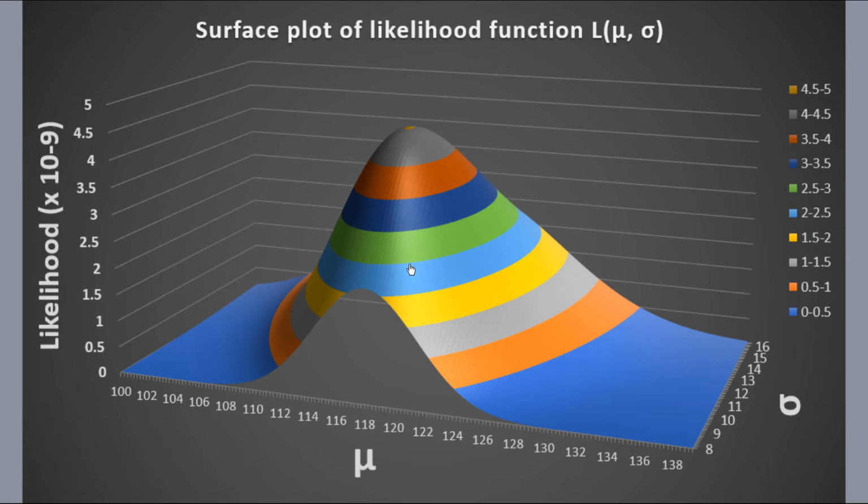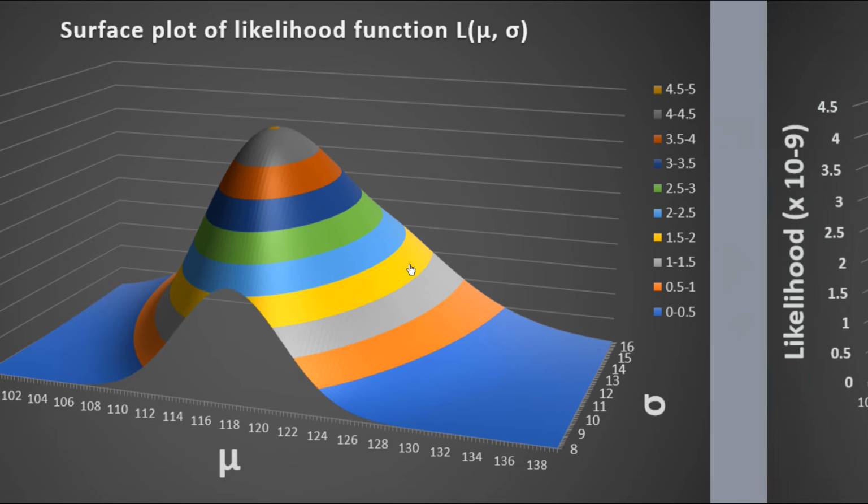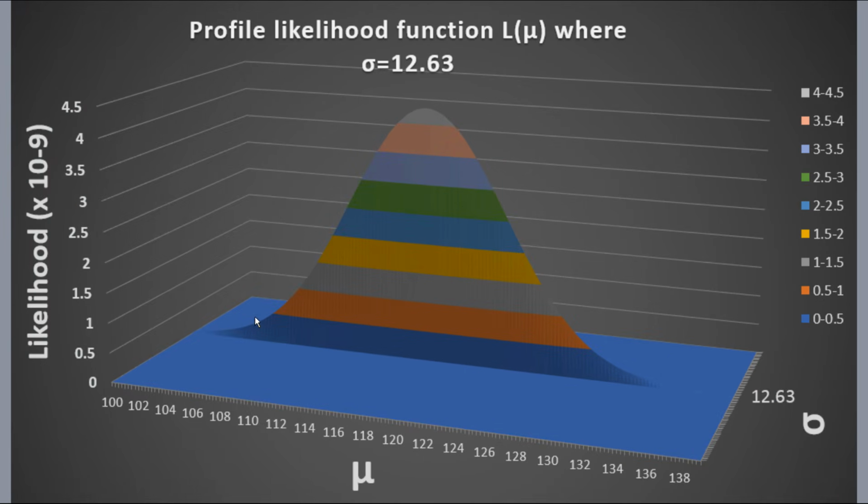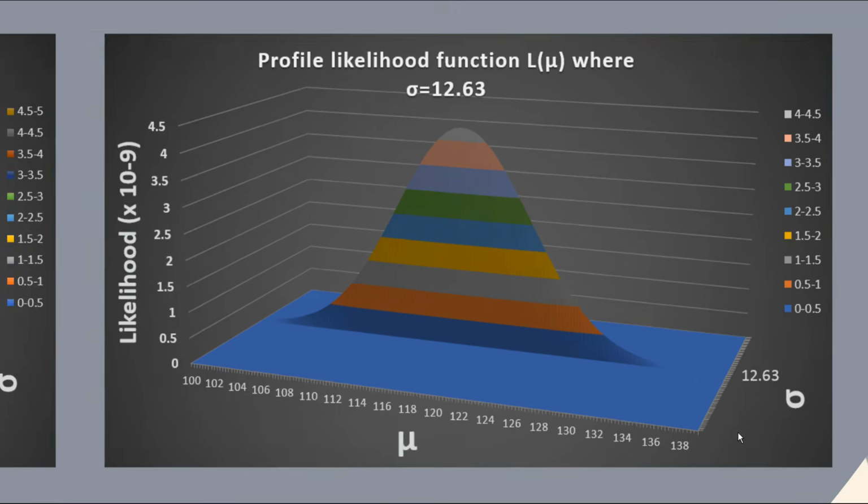What that's essentially doing is taking our three-dimensional net here, our likelihood function across 2 parameters, and creating a two-dimensional likelihood function, much like we saw right at the beginning, a cross-section, if you will, at our sigma value of 12.63. So we can find that peak value of mu for a given value of sigma being 12.63. And this is called a profile likelihood function.